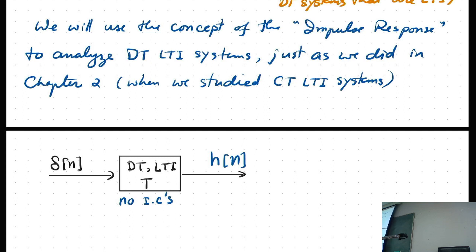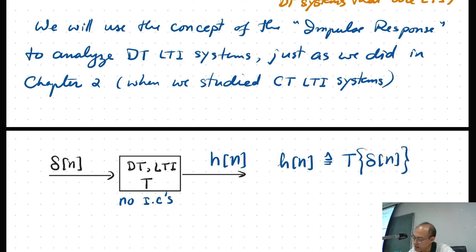Second, the system must not have initial conditions. Whenever these two conditions are satisfied, then the output will be called the impulse response. So, in other words, h of n is defined as T of delta n when there are no initial conditions present.